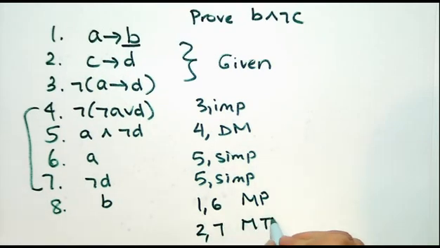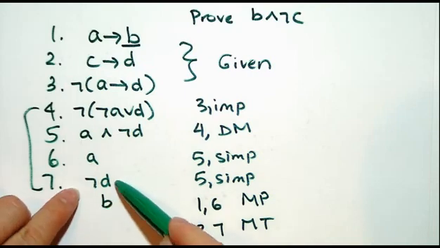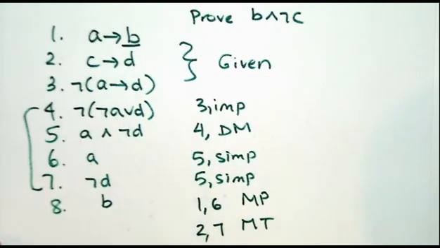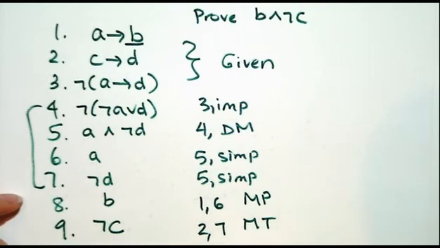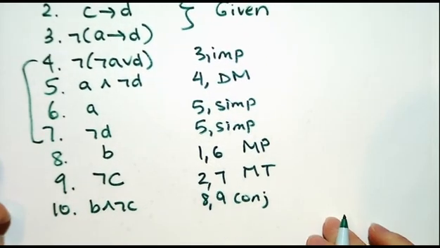And we're going to use modus tollens because that's the one that tells us if we're not getting wet, then it must not have rained. So we have not D. It's going to basically cancel out that one and give us not C. So we can now do conjunction to get B and not C. And we're done. We will see you next time for the test.